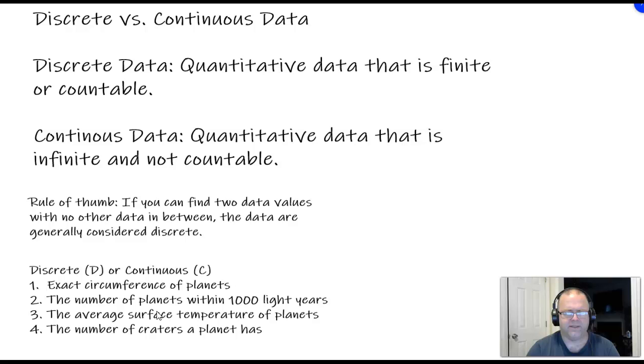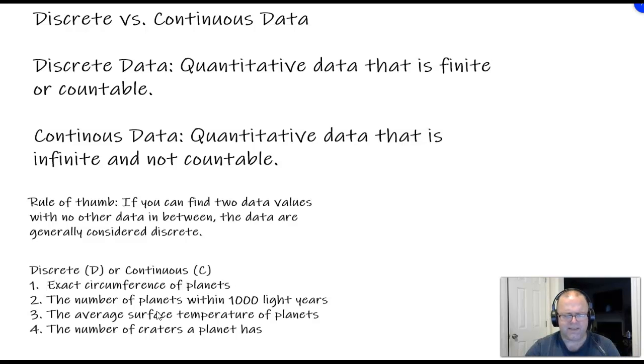And once again, there's no two data values that we can find where we can't find one in between, right? Let's say we said, well, what about 1,000 miles and 1,001 miles? Well, you can just add them up, divide by 2 to find a value right in the middle of there. We can keep doing that.